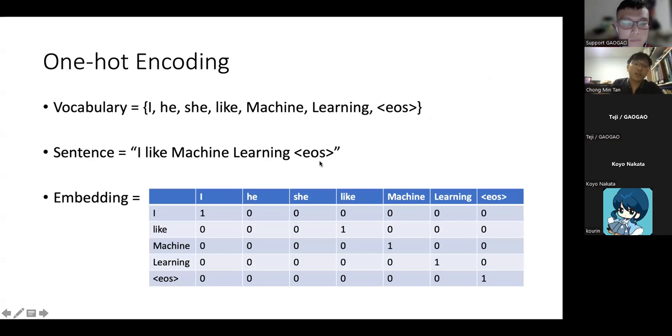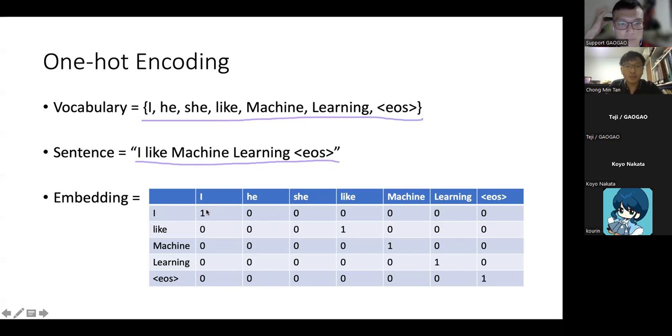So after you tokenize it, how will you encode it into numbers? The most typical form of encoding used is called one-hot encoding. For instance, let me give you this example: I, he, she, like, machine, learning, and end of sentence. Let's say your sentence is I like machine learning, end of sentence. When you encode it into a one-hot encoding vector, this is not really embedding, this is the encoding.